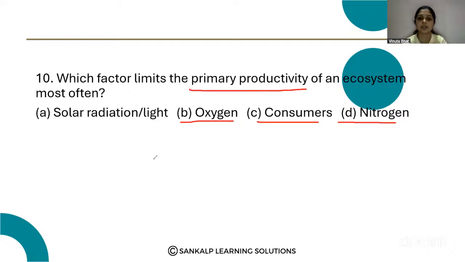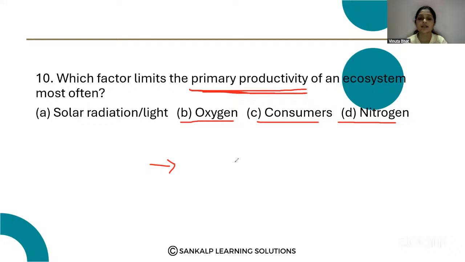Option D, nitrogen. So primary productivity is the total amount of organic matter produced by the plants, right? Produced by the plants or the organisms at the first trophic level. So the total amount of organic matter or the biomass, or the rate of production of the total biomass by the producer, is called primary productivity.